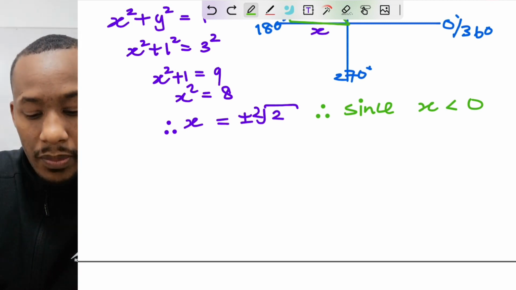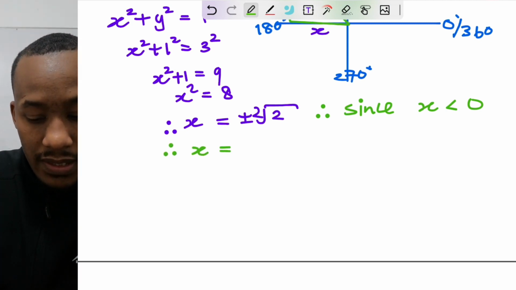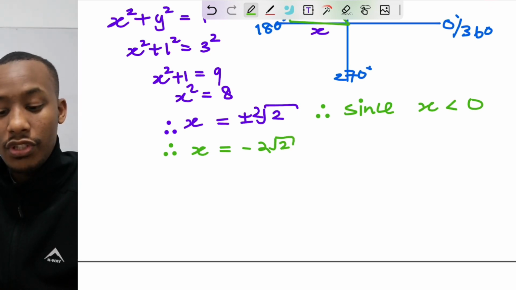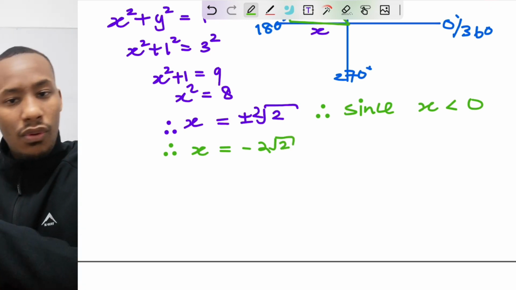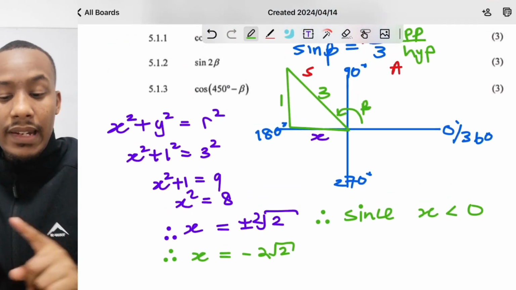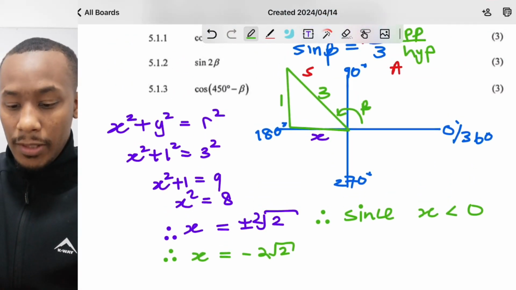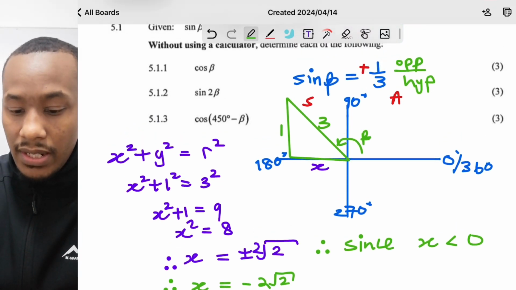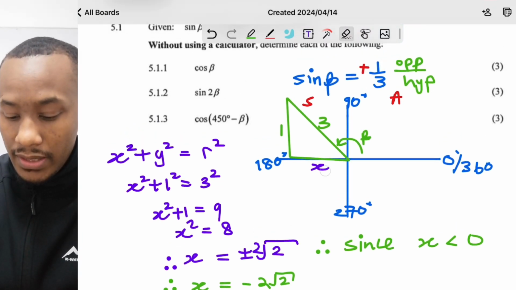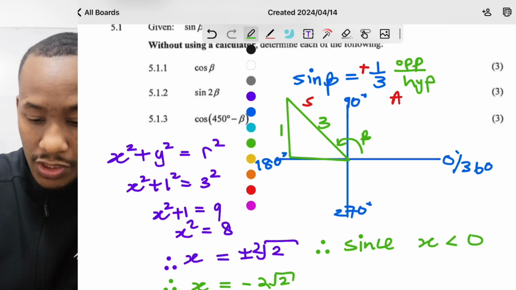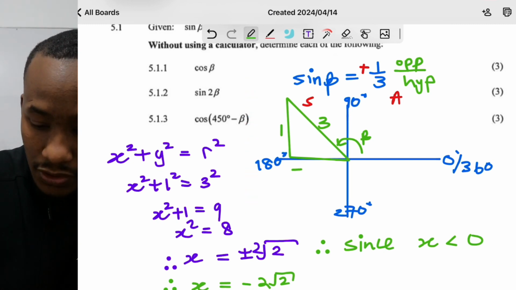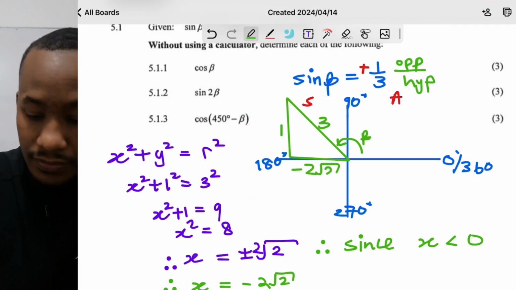Therefore, we know that x is equal to negative 2√2 and not positive 2√2, because that would be in the first or fourth quadrant. Negative x values are in the second or third quadrant. So coming back to our triangle, I'm going to get rid of that over there, and I'll just put in the value negative 2√2.